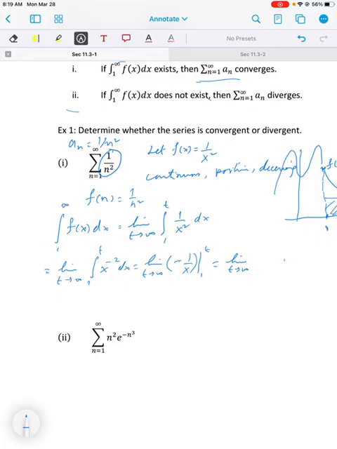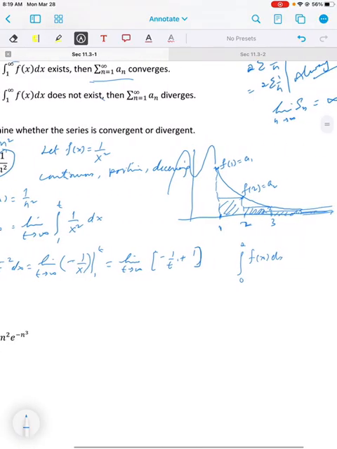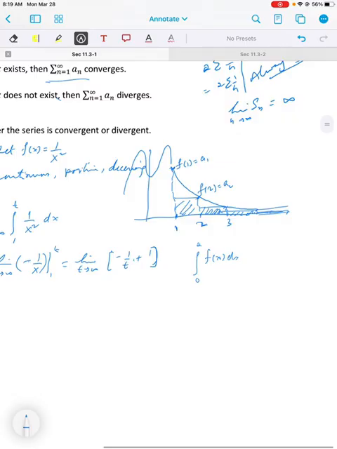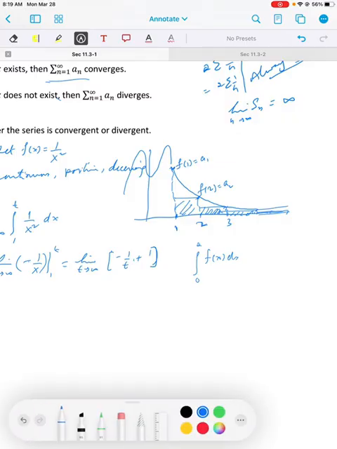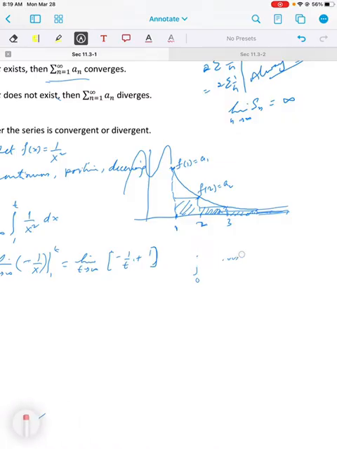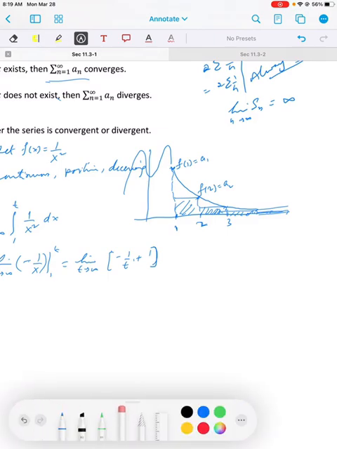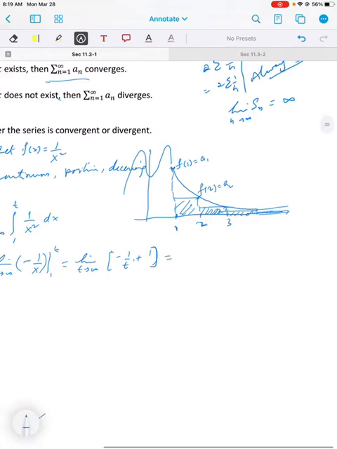So which is equal to the limit as t goes to infinity of negative 1 over t plus 1 over 1, or just 1. And now notice when I apply this limit, the first one will become 0, and the next one is just 1. So we end up getting the limit of minus 1 over t as t goes to infinity, plus 1.